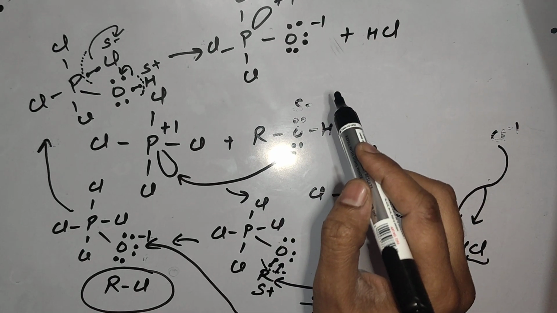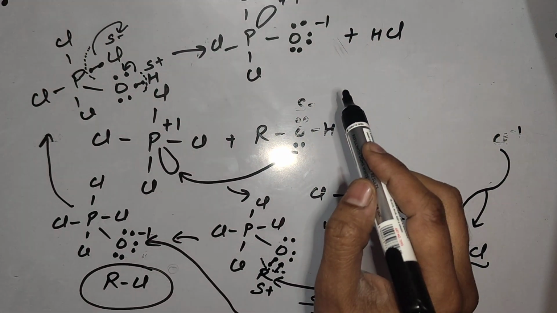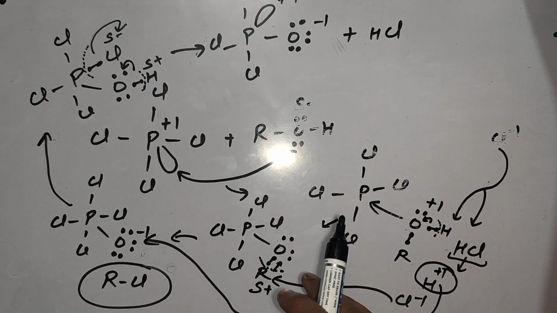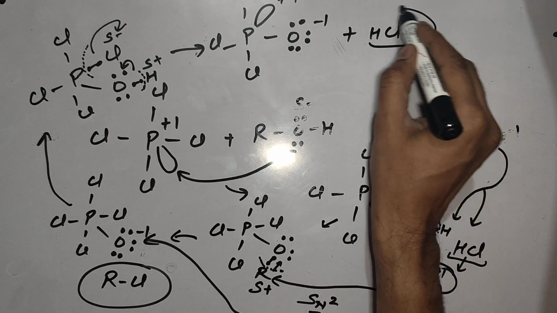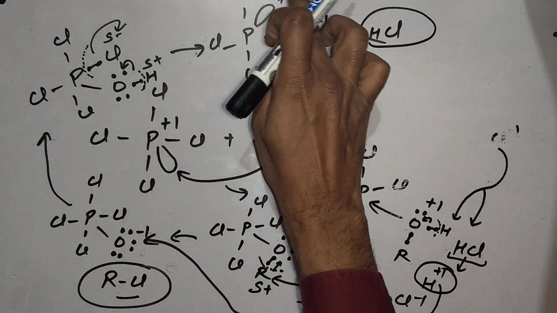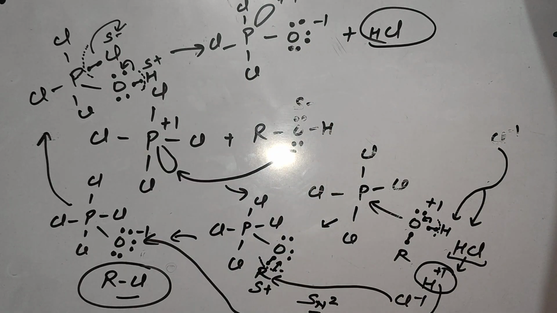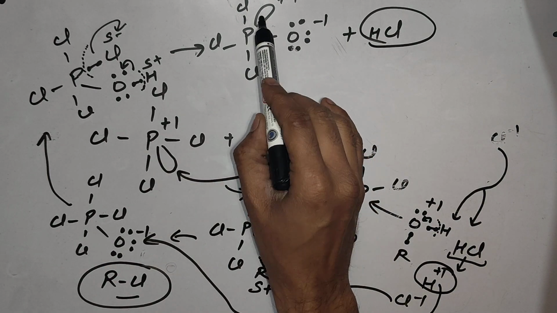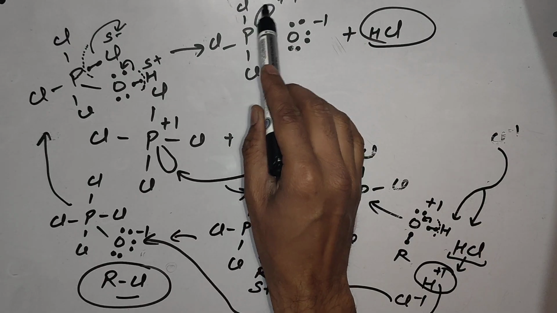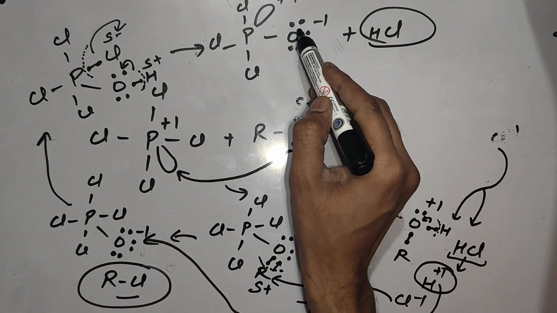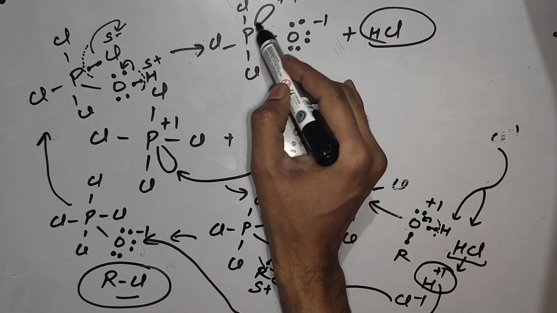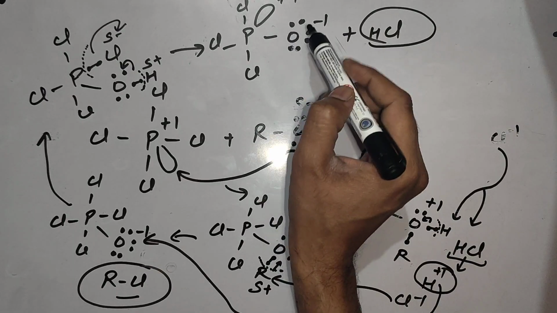Means two products are generated over there, HCl and RCl, and here we have Cl vacant. Now here we have a vacant orbital with a +1 charge, and oxygen is carrying 3 lone pairs with a negative charge. How can P and O stabilize each other?